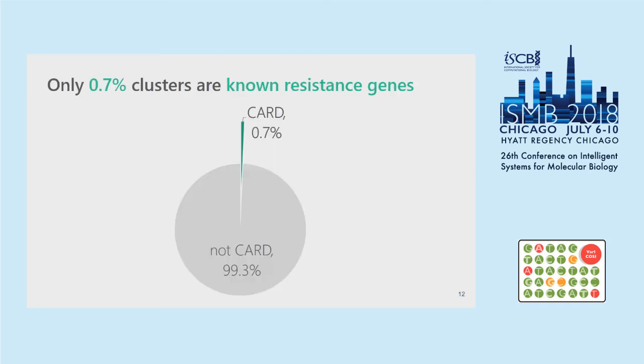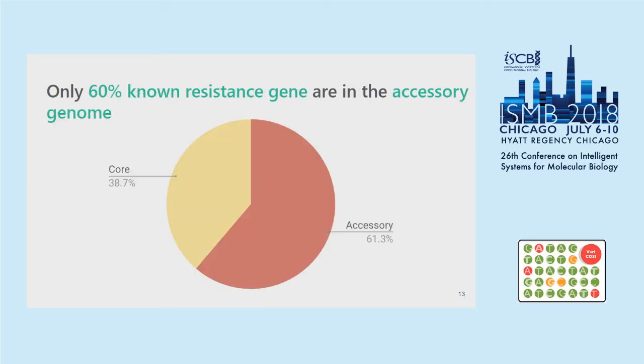We also found that only a really small portion of genes are known resistant genes, composing only 0.7% of all the clusters. And of all the known resistant genes, only 60% correspond to the accessory genome. The core resistant genes may consist of intrinsic resistance.